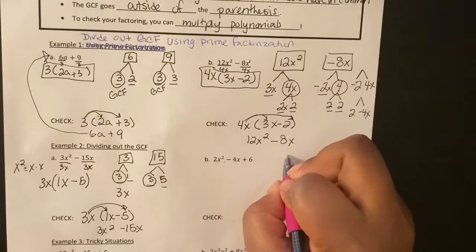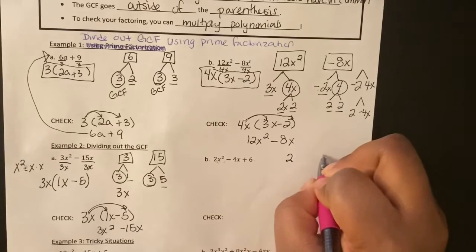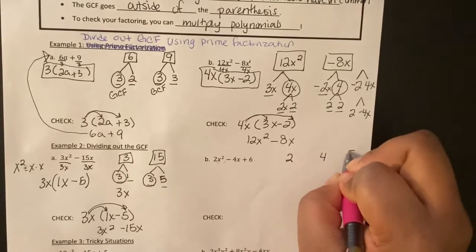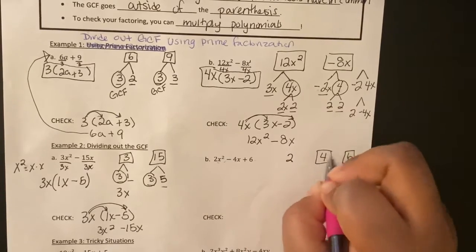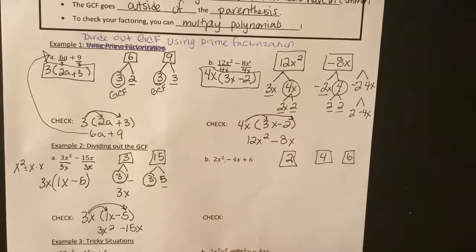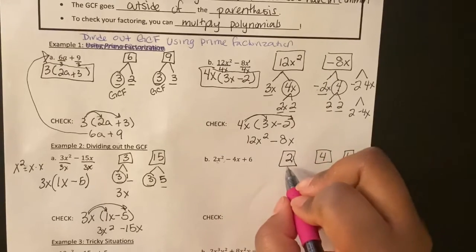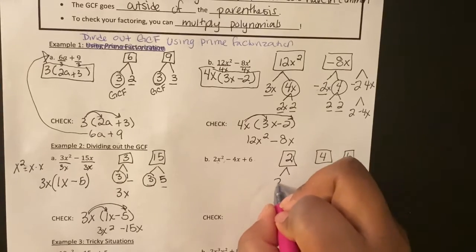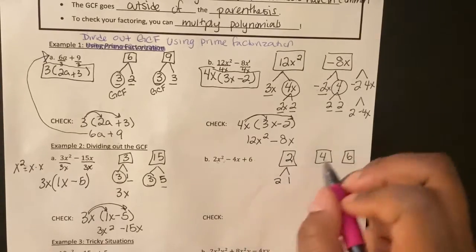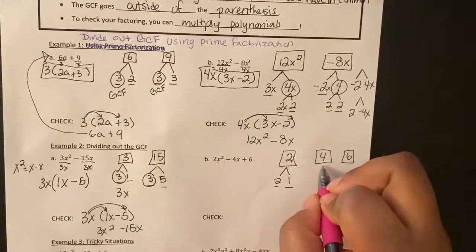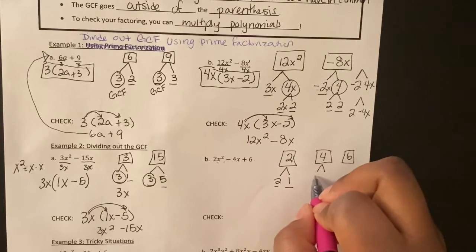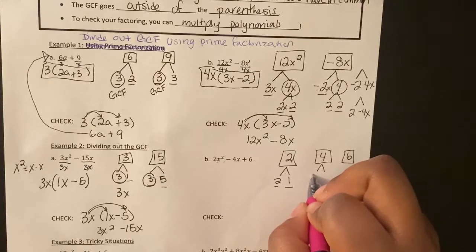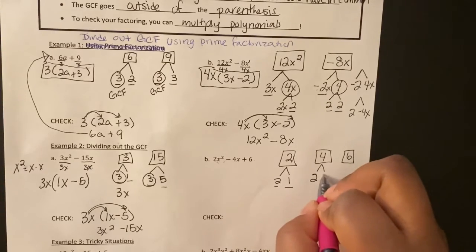All right, so now we have 2, 4, and 6. We have to do our prime factorization of all of those. The largest prime factor of 2 is 2 times 1 equals 2. Now we have both our primes. The prime factorization of 4 is 2 times 2 equals 4.